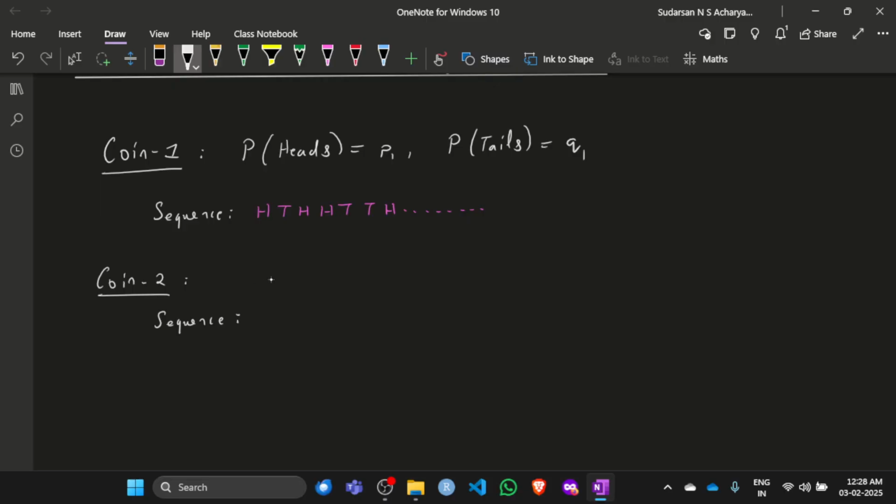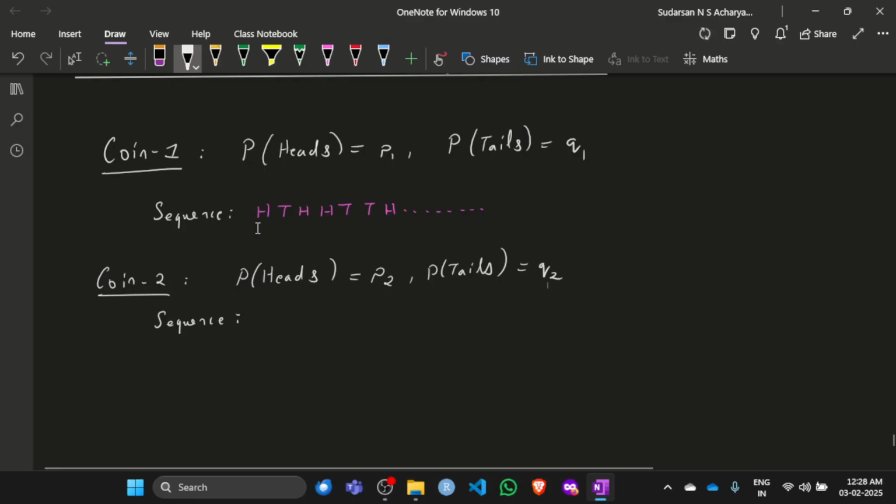So let's say that your friend's coin has a probability of heads equal to P2 and probability of tails equal to Q2, right? So the question we are asking now is, how likely is it for your friend's coin to generate the same sequence? Okay, so it is the same sequence.